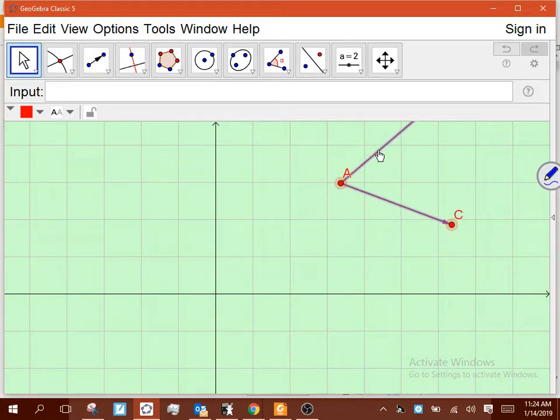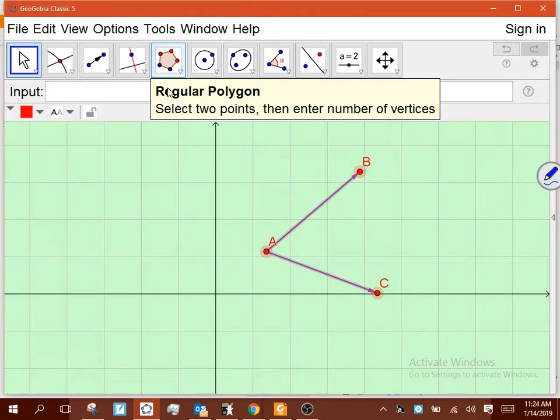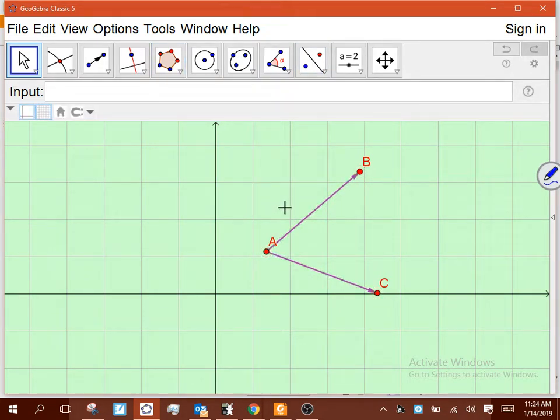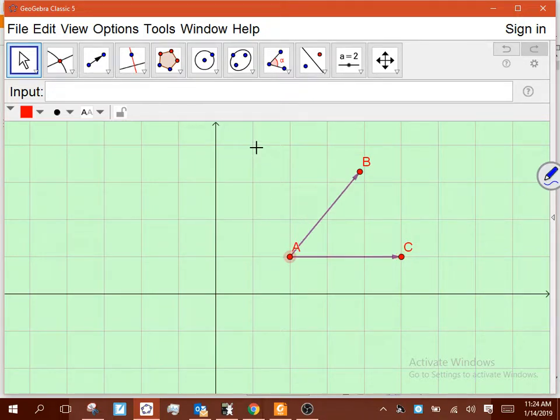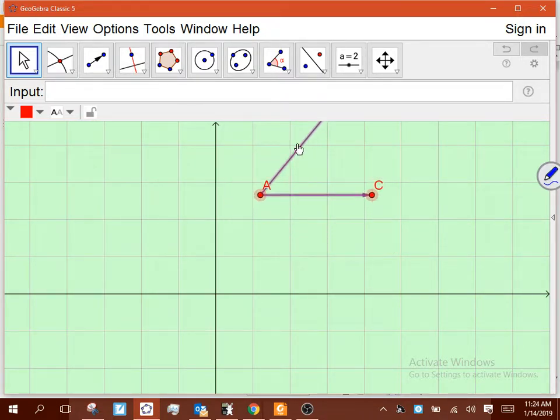Is it the same as that one right there? Does that make sense? I can move it anywhere I want to. And what I can also do is rotate. Now, I can't do that real well here in GeoGebra. So that angle right there is the same as that one, the same as that one, the same as that one, right?